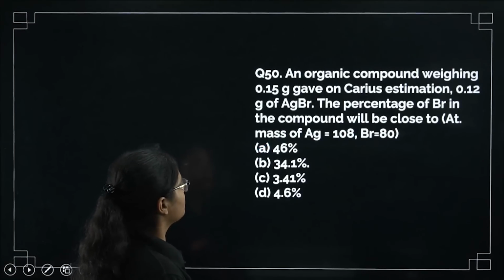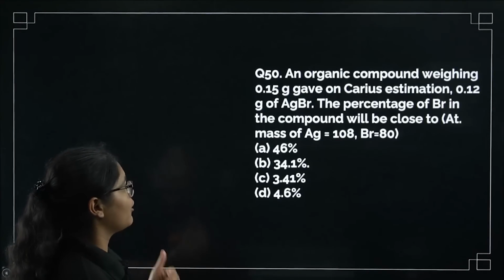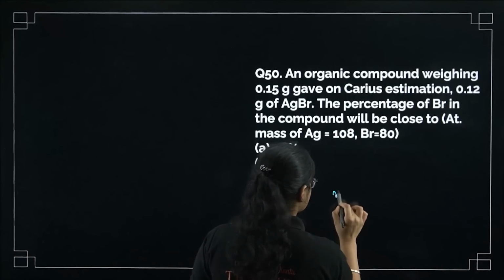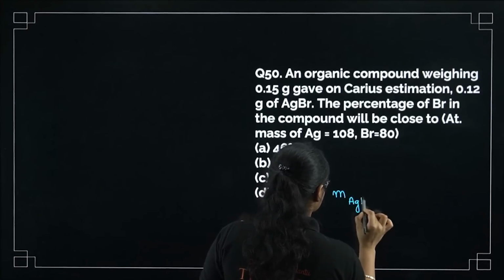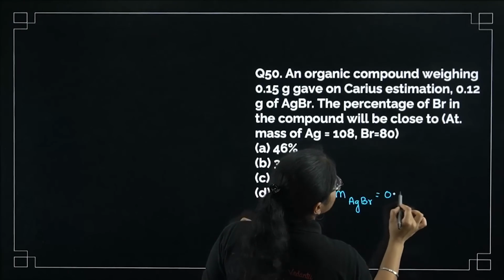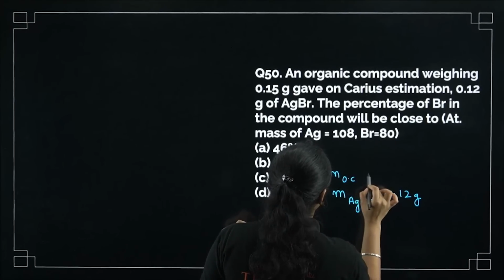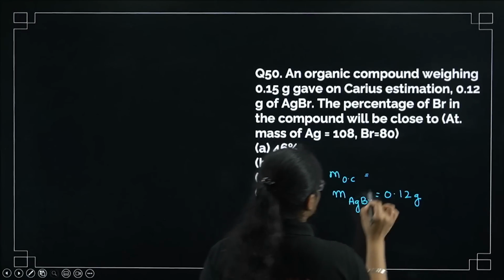An organic compound weighing 0.15 gram gave on Carius method 0.12 gram of AgBr. So what is the mass of AgBr produced? AgBr produced is 0.12 gram. And the mass of organic compound we have is 0.15 gram.